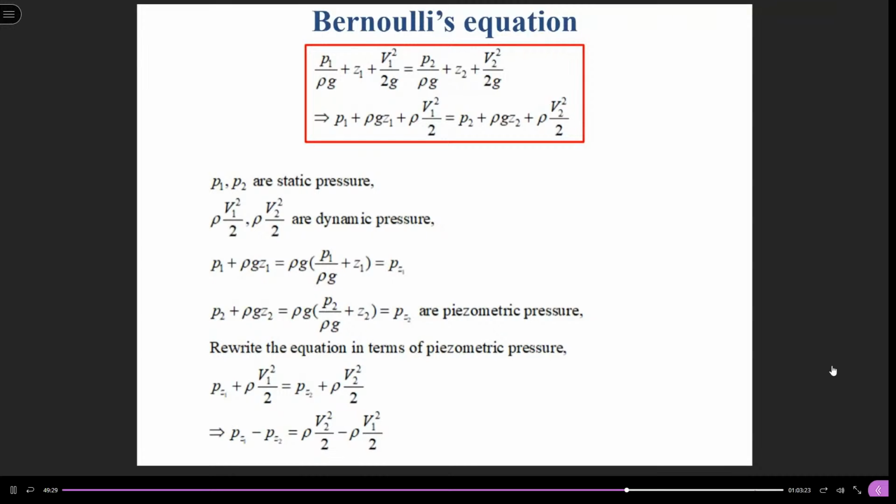Bernoulli's equation also can be rewritten in this form. Right? The previous form times density and gravity can be changed into this form. Here, P1 and P2 are static pressure, and these variables are dynamic pressure.